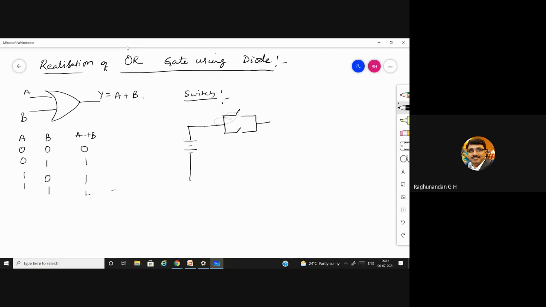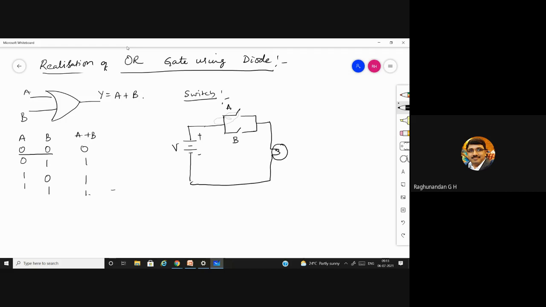And this is the bulb we are having. I call this A, this B, and this is a power supply which will always be in on condition.